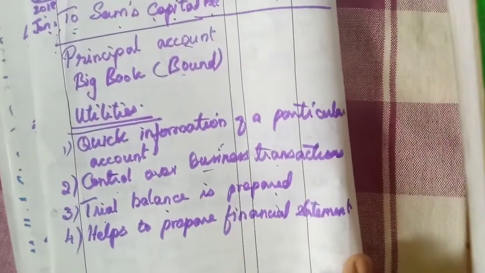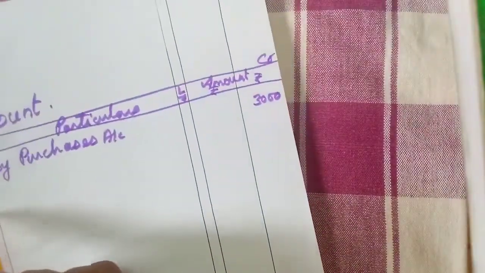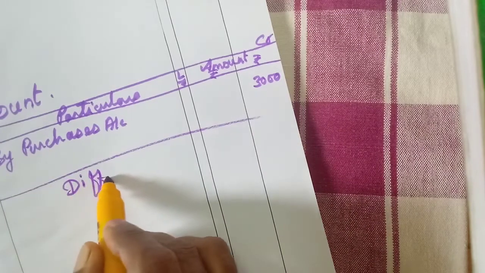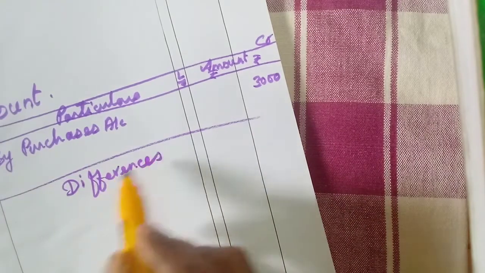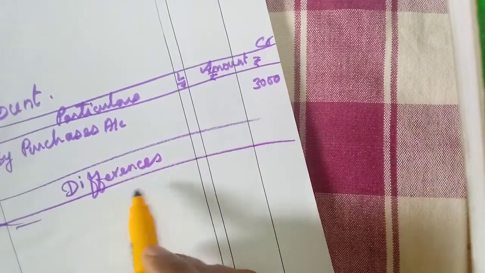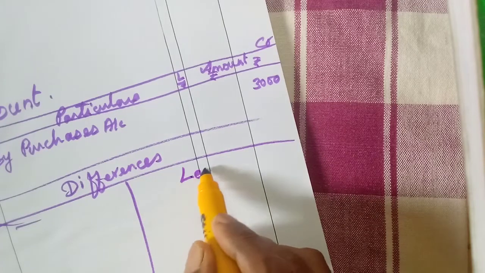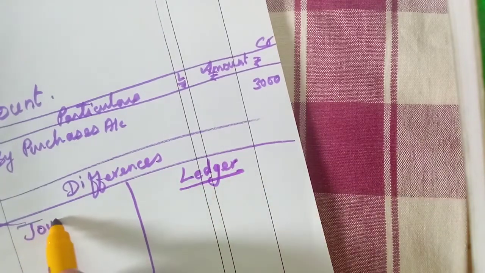Okay, now we will learn the next heading: difference between journal and ledger. Differences between journal entry and ledger. Journal, ledger.